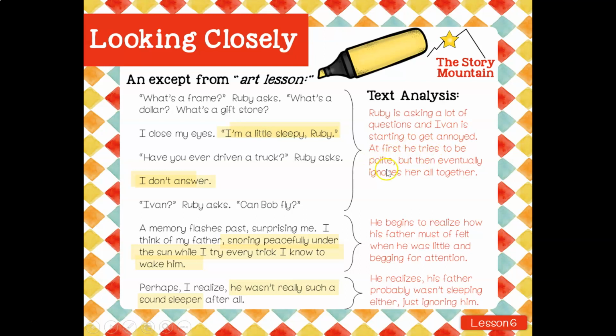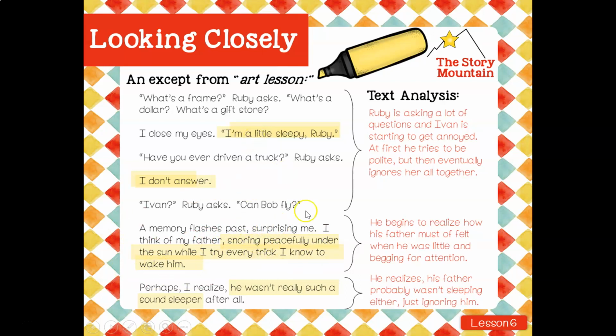At first he tries to be polite, but then he eventually ignores her altogether. So you can look a little deeper and see that Ivan really is just getting annoyed. And he wants to go to sleep, so he's just eventually going to ignore her. And he looks at this memory. A memory flashes in his mind.